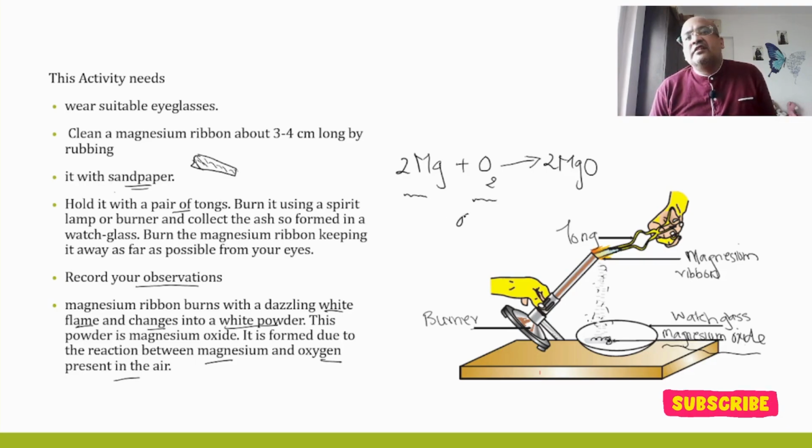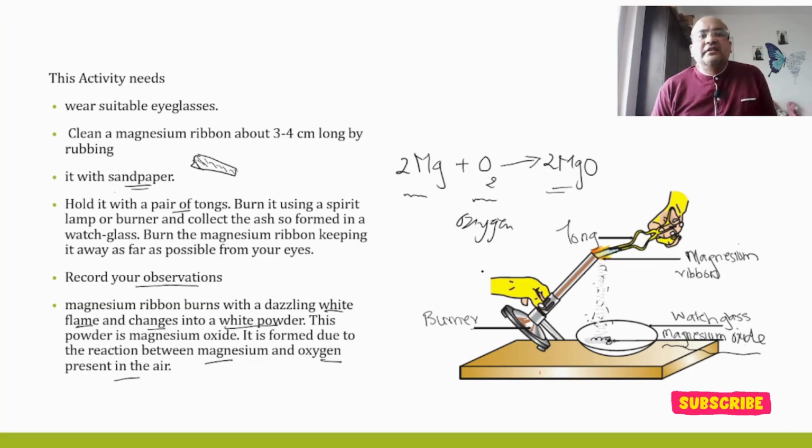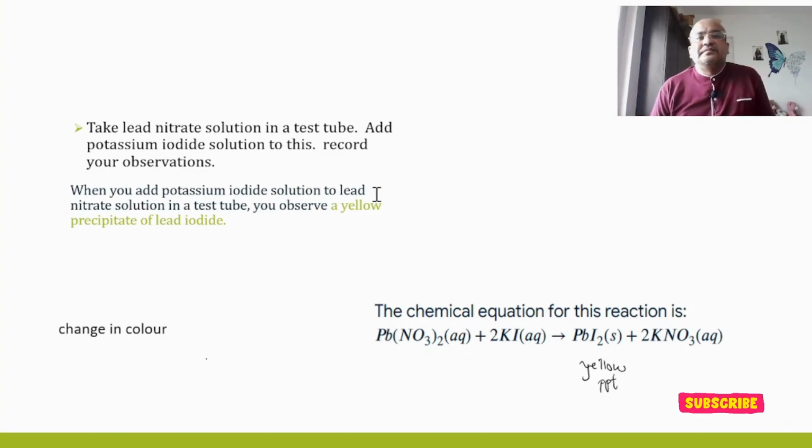It reacted with oxygen, and the resultant we got is magnesium oxide, right? So this reaction happens: magnesium reacts with oxygen to get magnesium oxide. What we see here is that magnesium has burned and it has changed its state. Okay. Now let's see some more examples.